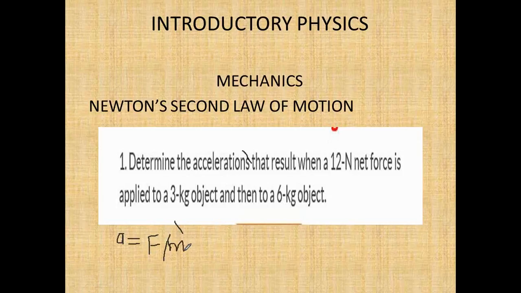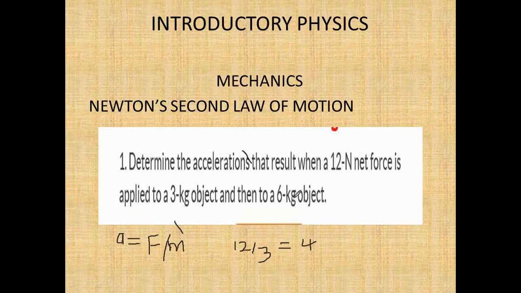We know that. So the question asks, determine the acceleration when a 12 newton net force is applied to a 3 kilogram object. So the force is 12 newtons of net force, and the mass is 3 kilograms. So 12 divided by 3 is 4. So that acceleration is 4 meters per second squared.